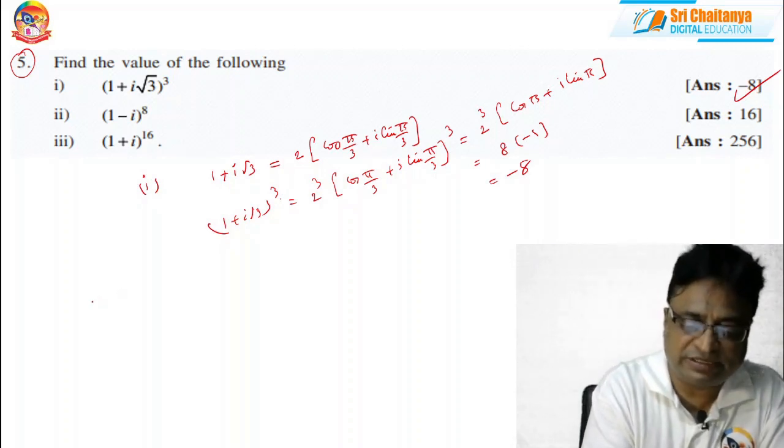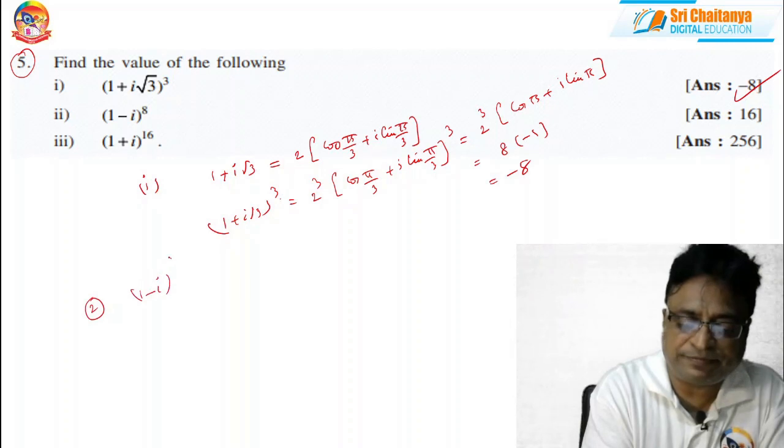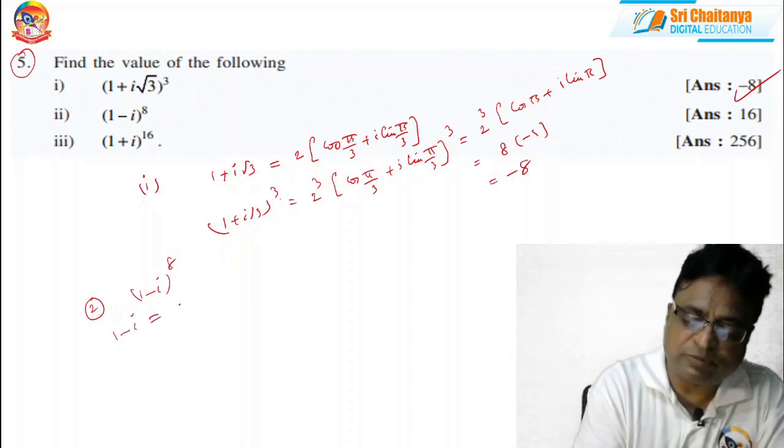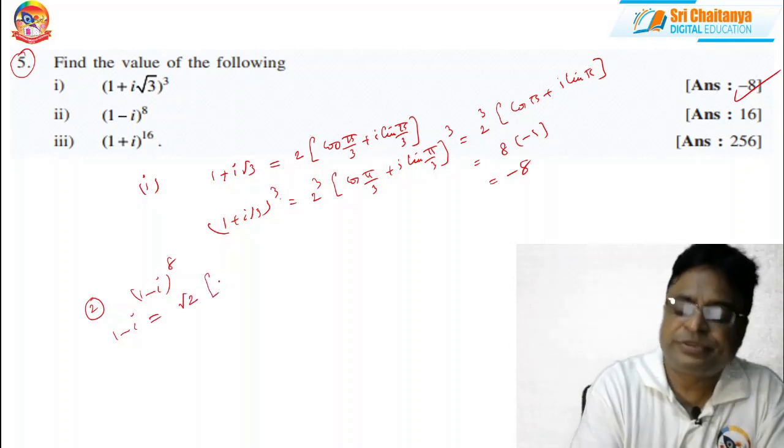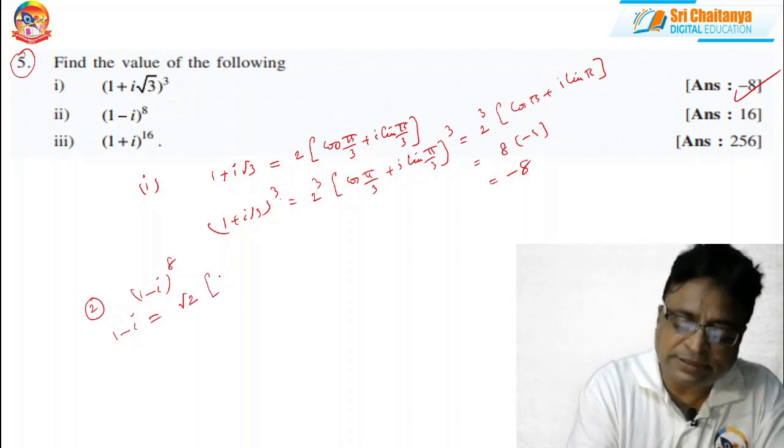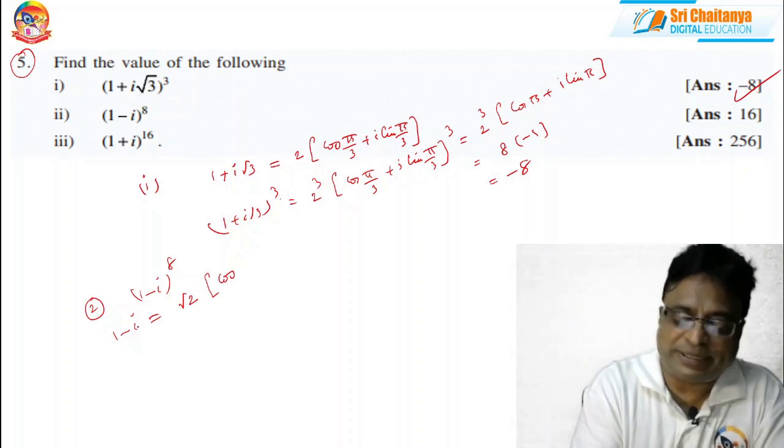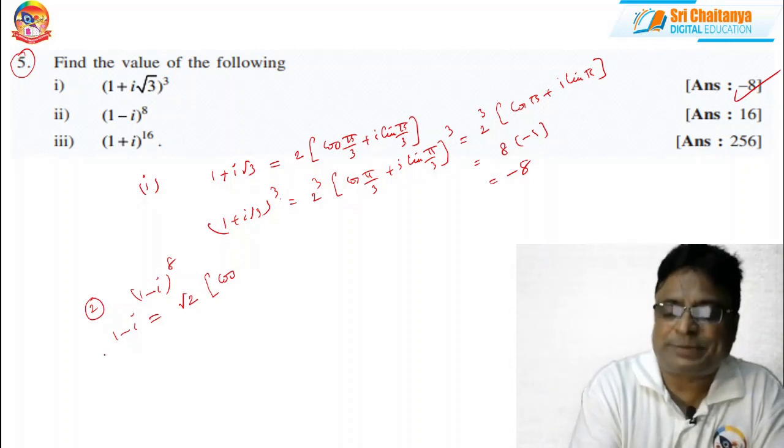Now the second question. What is my second question? 1 minus I whole power 8. So what is 1 minus I? This I can write in modulus amplitude form as root 2 into cos of tan inverse of minus 1.